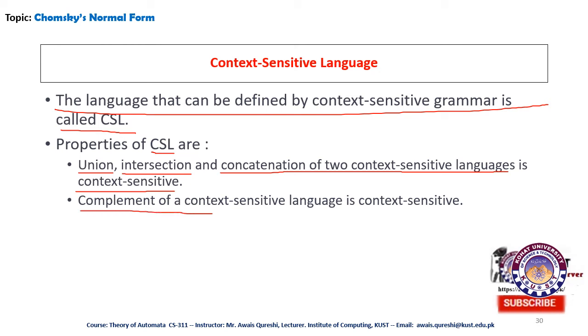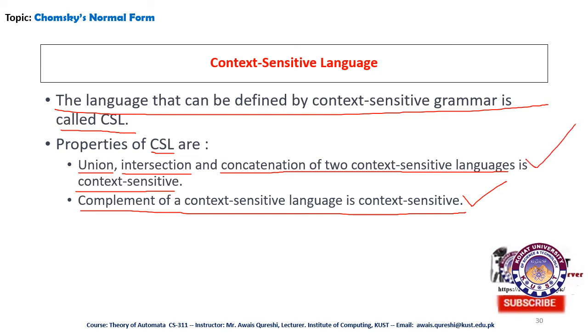So try to remember these 2 points: the union, intersection and concatenation of 2 context sensitive languages is also context sensitive, and similarly, the complement of a context sensitive language is also context sensitive.